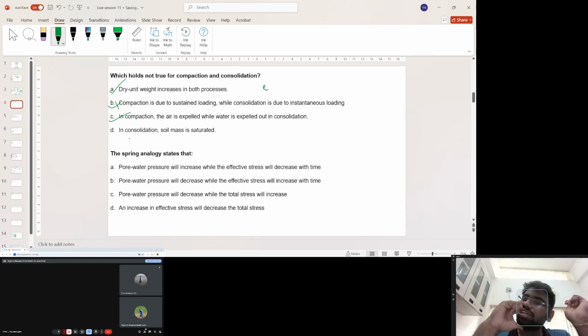The primary assumption of the theory of consolidation itself is that the soil is saturated, and also in laboratory tests we prepare the soil samples and then we saturate them, and only then we start to apply loads.